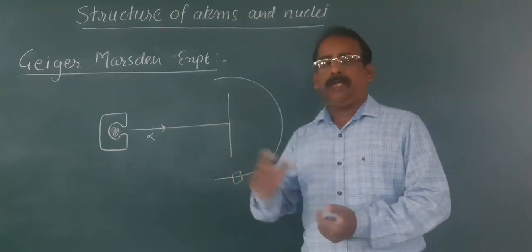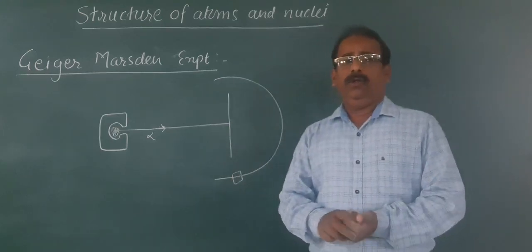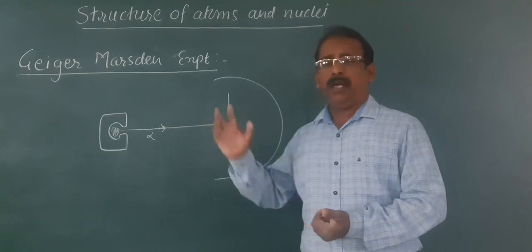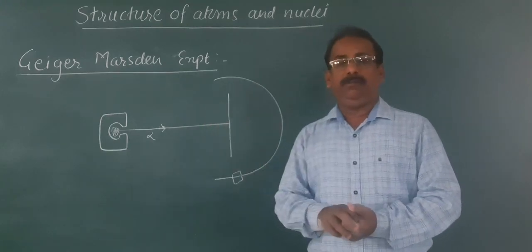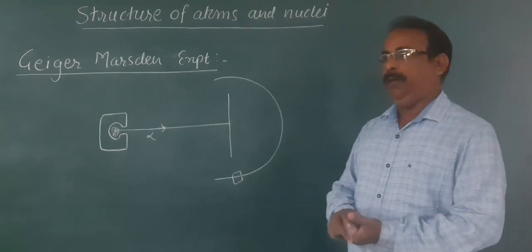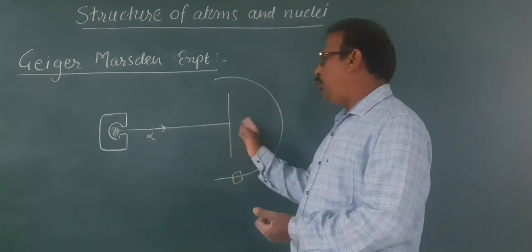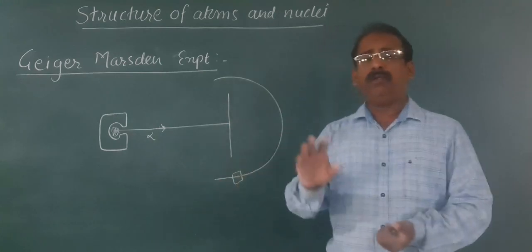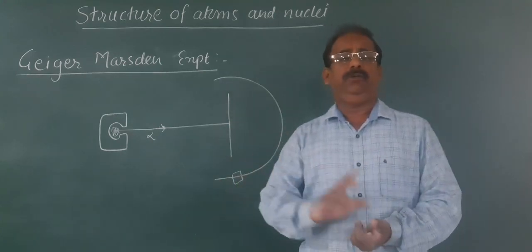We observe that most of the alpha particles from this beam go through the metal foil without any deviation.